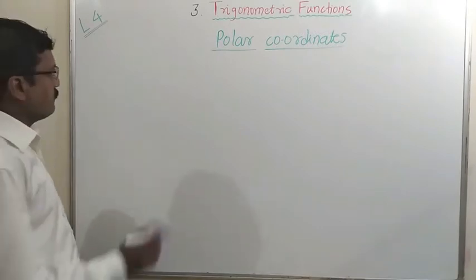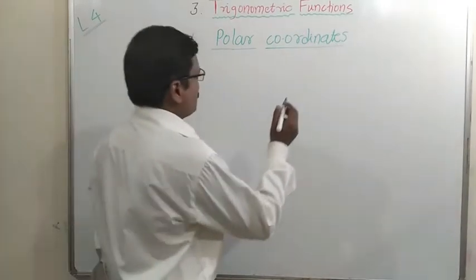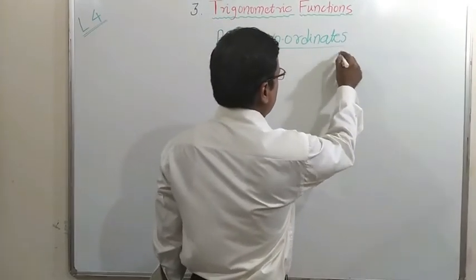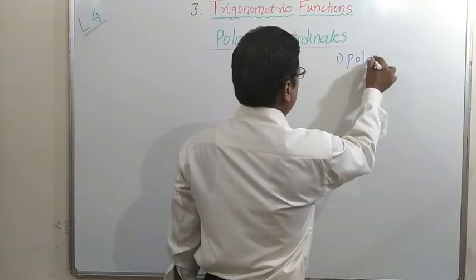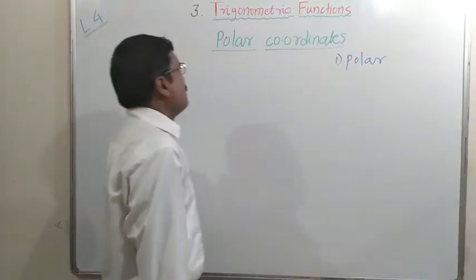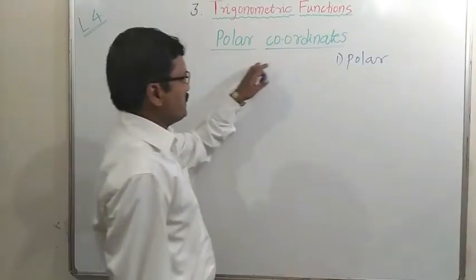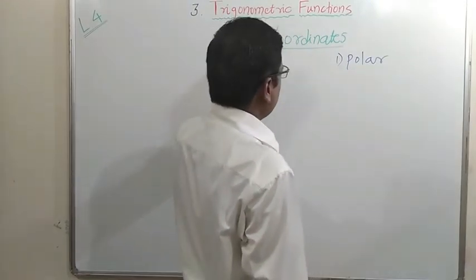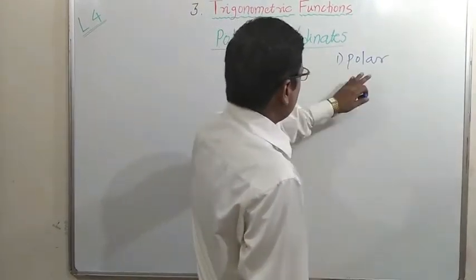For that, we will first understand the meaning of polar. First concept is pole. Here, to write the position of any point, we always represent the coordinates of the point with respect to the pole.